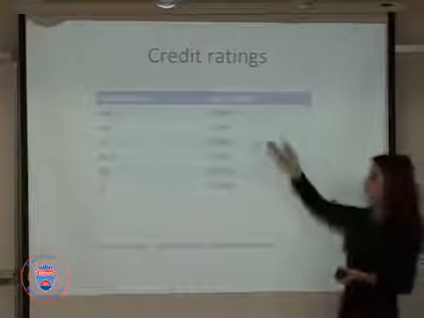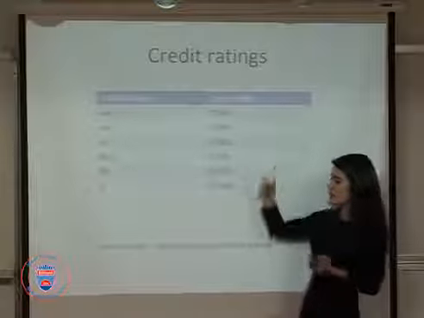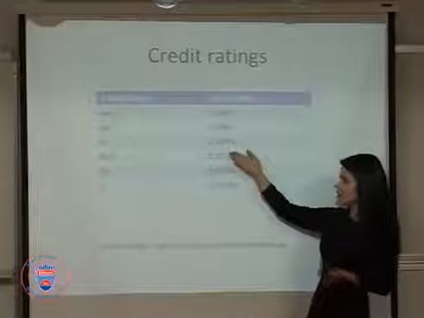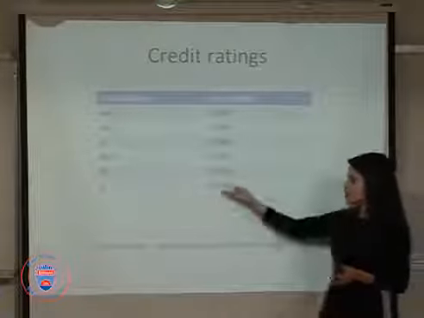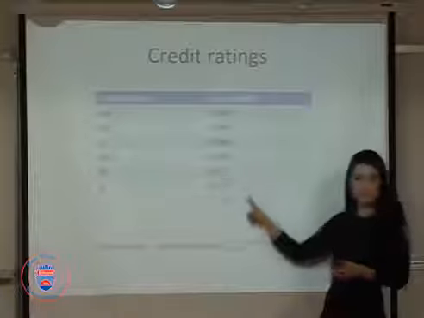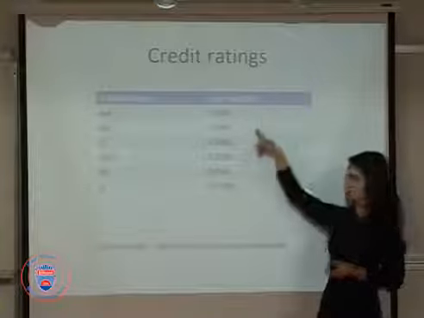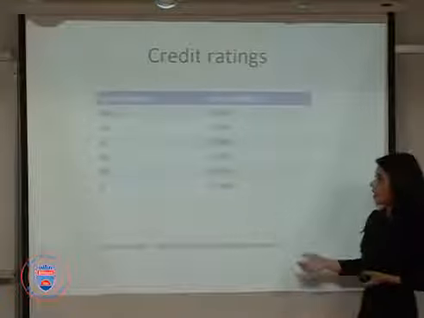So here, AAA companies have 7.5% cost of debt. A-rated ones have 7.74%. B ones have 10.38%. Why is it increasing as ratings go from AAA to B? They're riskier.